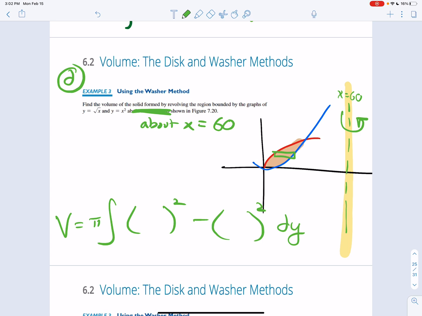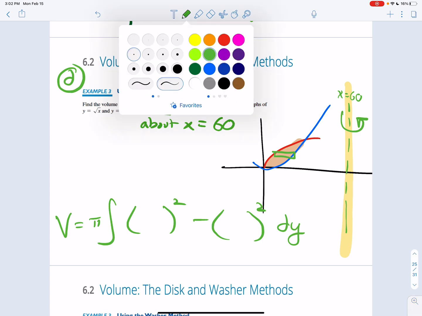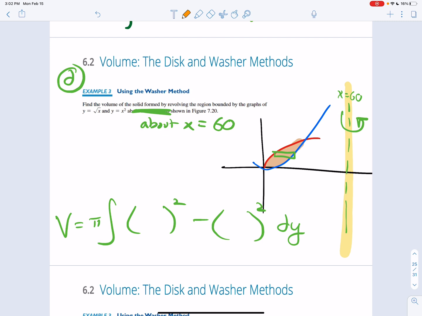Okay, so we need our outer and our inner length, or radius. So remember, we start from the axis of revolution. So since our axis of revolution is right here, I would have to travel left to get to my region. So right when I'm about to go out, that is my outside radius. Right when I'm about to go into the region, that is my inside radius, okay? Same idea here.